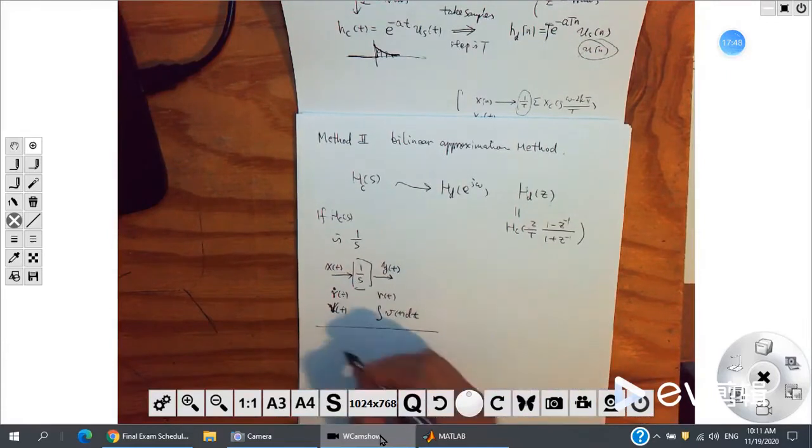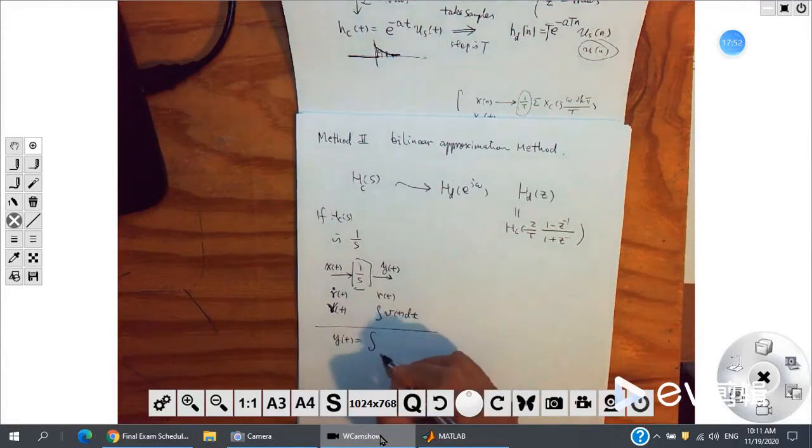Then we have y(t) as the integral from some past time, I just say negative infinity, until time t, of x(tau) d tau.